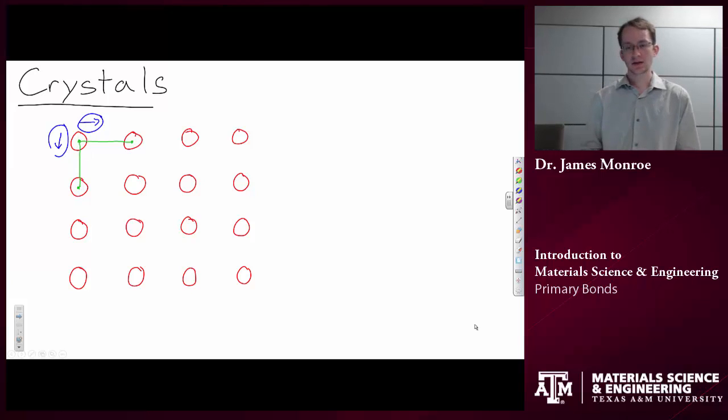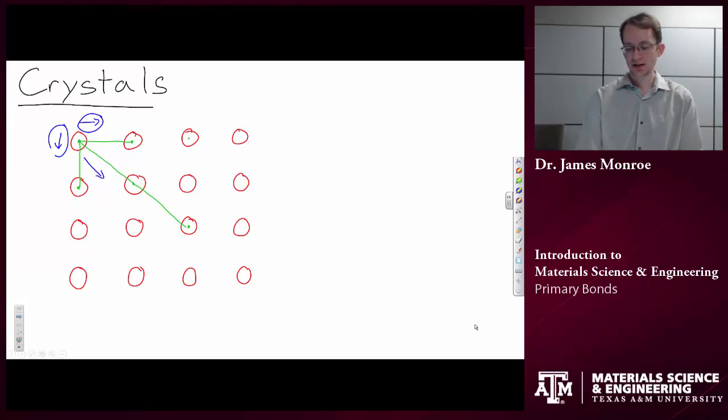On the other hand, if I look in a different direction, the interatomic distance is a bit longer from the center of one atom to the center of the other. But if I keep going in that direction, I find another atom at that exact same distance.